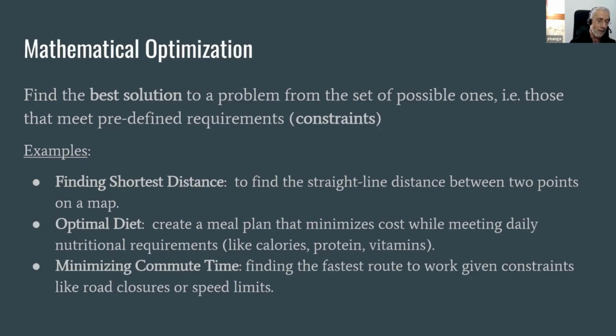So you are trying to minimize your time to work. That's your metric for the best solution. But you need to take into account constraints, which again are which roads or streets are open or closed, and what the speed limits are. So this is a very general mathematical optimization introduction in 2 minutes.